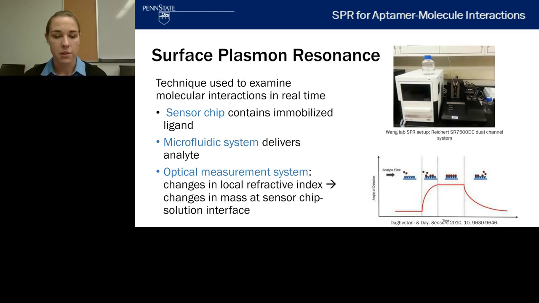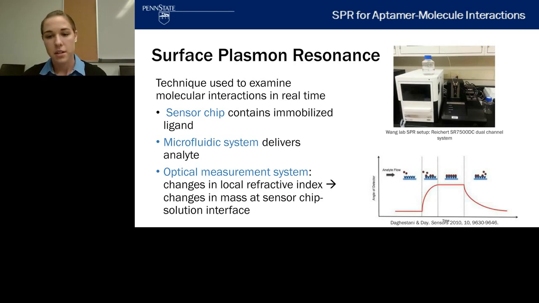Next is the microfluidic system, which delivers the analyte to the sensor chip. And then the third and probably most complex part is the optical measurement system, which allows the changes in local refractive indices that are sensed to indicate the changes in mass at the surface chip interface.